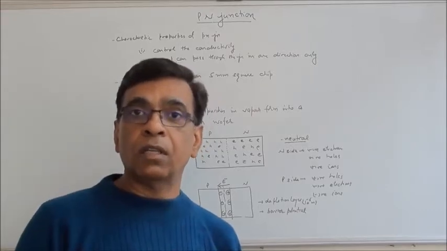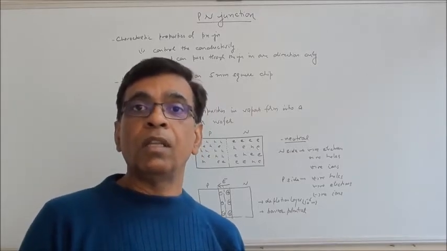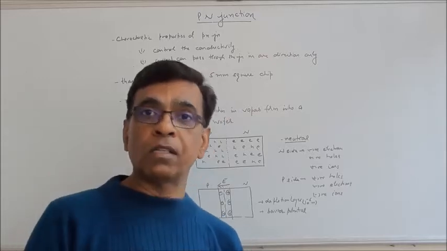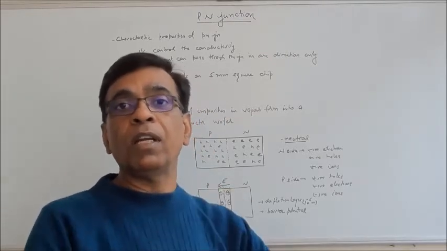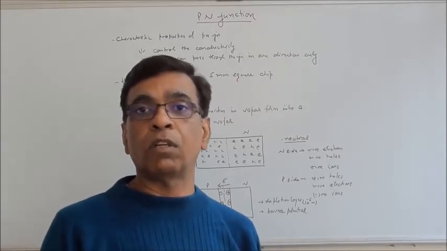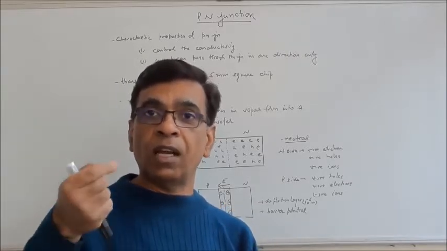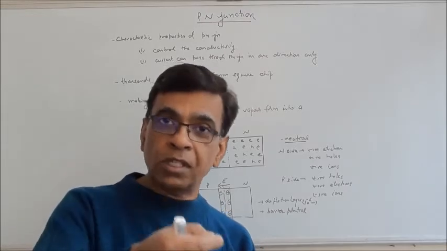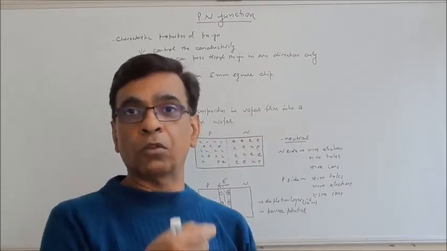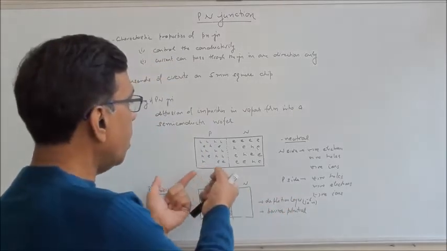All the additional electrons that have come in N-type are coming from the dopants, the impurity atoms. And all those atoms, after giving one electron, each atom is converted to an ion. So we have positive ions, positive holes and an equal number of electrons. So it is neutral.